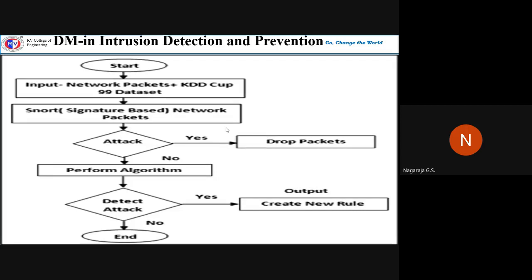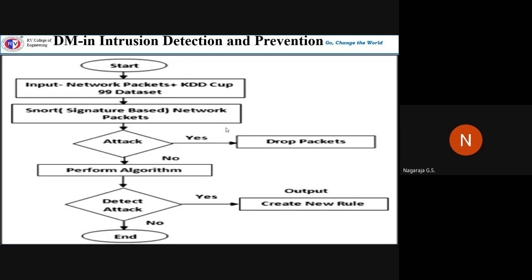If yes, then the packets are going to be dropped. If not, you perform the algorithm operations for the evaluation purpose. Again, you detect whether there is any attack after performing the algorithm. If yes, you create a new rule. If there isn't any detection of attack, you allow it to pass on to your destination node or network or link.